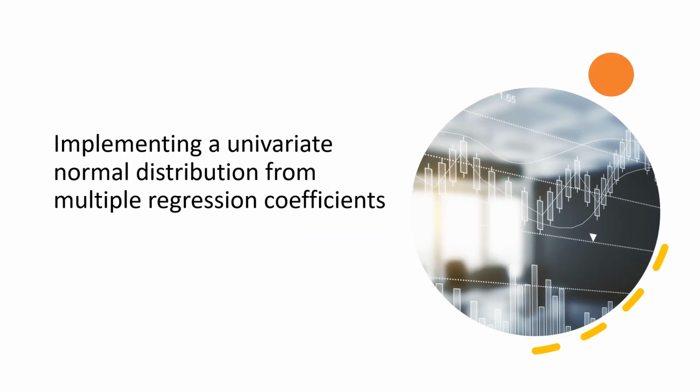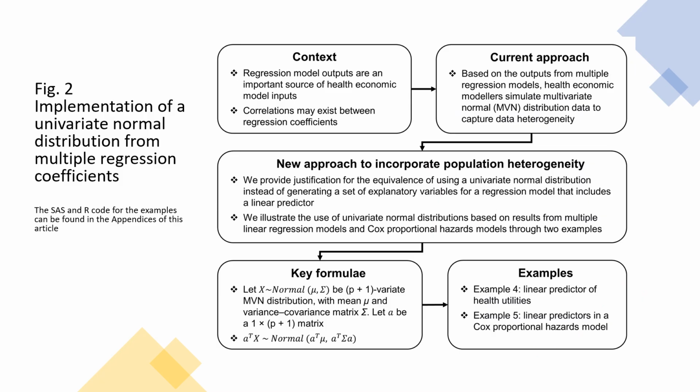I will present using a univariate normal distribution for linear predictors based on results from multiple regression models. Regression analysis is a statistical method to estimate the relationship between a dependent variable and one or more independent or explanatory variables.